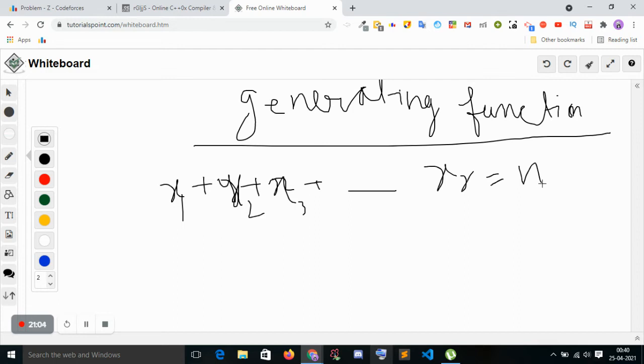Assume that x1 is a box, x2 is a box, x3 is a box, and empty boxes are allowed. Empty boxes being allowed means that x1 can be 0.